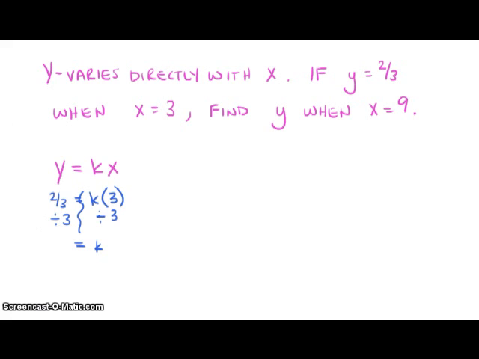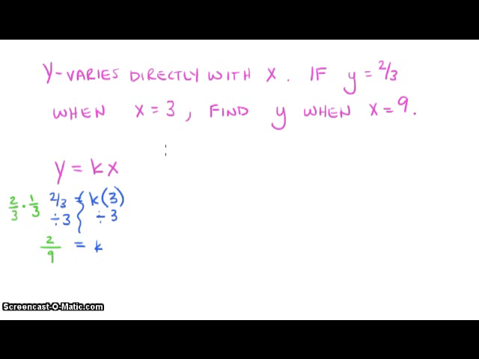So this right here, I'm just going to write it out here to the side. 2/3 divided by 3 is the same as times 1 over 3. So 2 times 1 is 2, and 3 times 3 is 9. So this is that constant of variation.